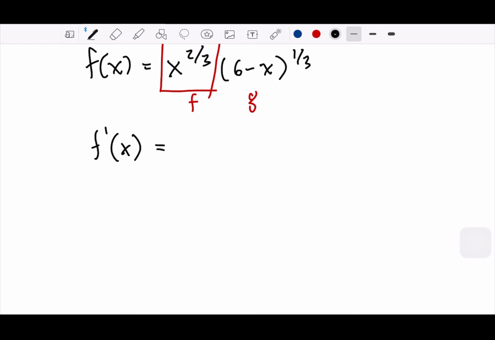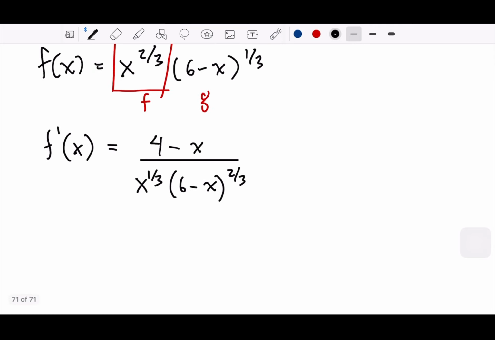The first derivative will be simplified as (4 - x) over x^(1/3) times (6 - x)^(2/3). If you derive one more time, you are going to have the quotient rule.